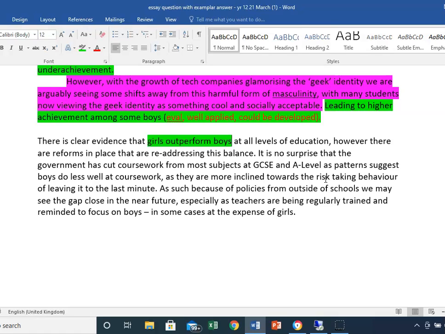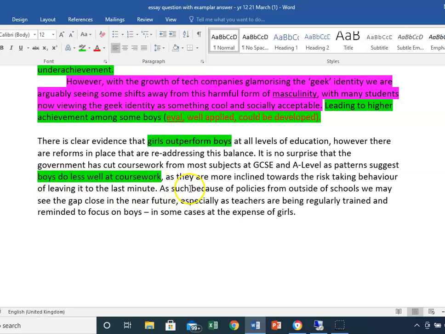It is no surprise that the government has cut coursework. So that's a policy. That's really good knowledge, not a concept, so I won't underline that. From most subjects at GCSE and A level, as patterns suggest, boys do less well at coursework. So that's a bit of an application to achievement, as they're more inclined towards risk-taking behaviour of leaving it to the last minute.